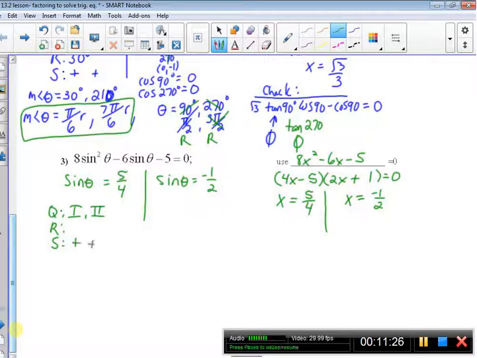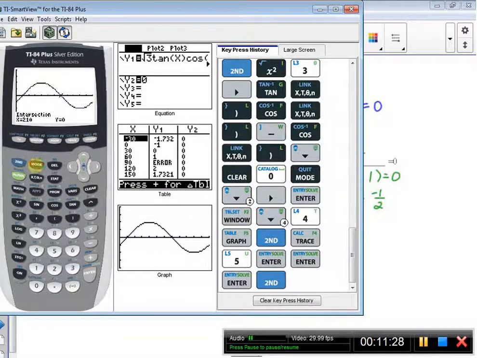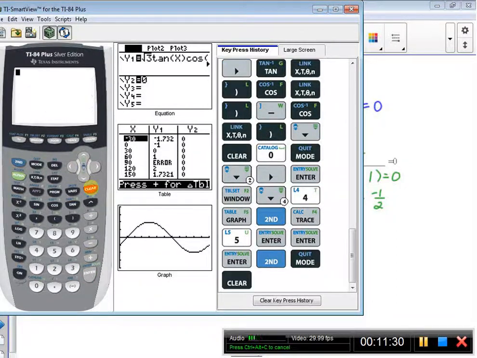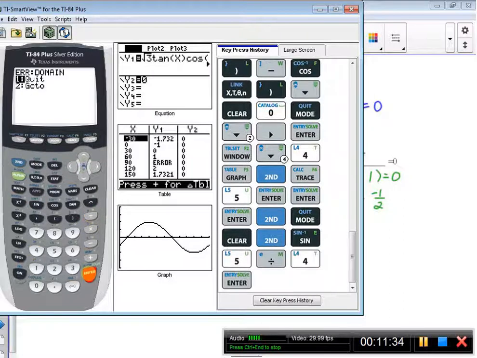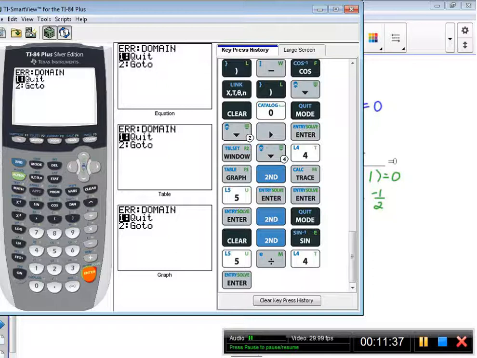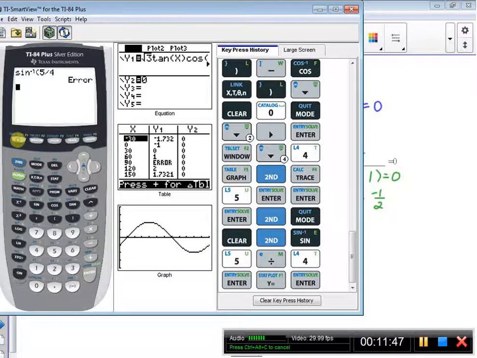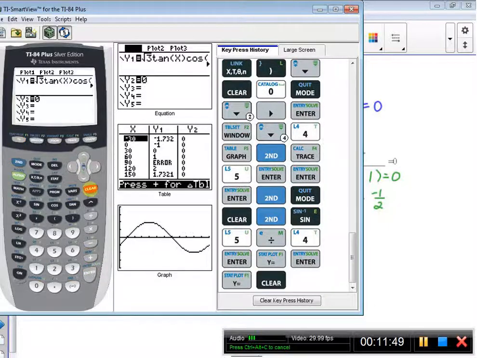So I need to do second sine. I'm in degree mode. So second sine, 5 divided by 4. Ooh, it says error, quit, domain. Okay, well, if you think about it, if we graph the sine curve, okay, so we will do what they say there, quit. All right, clear this out.